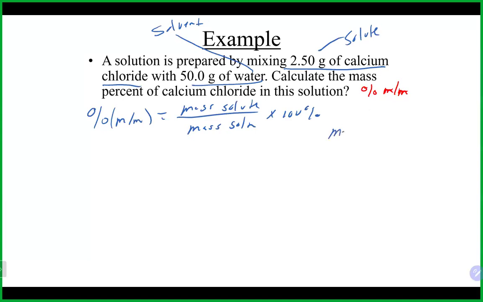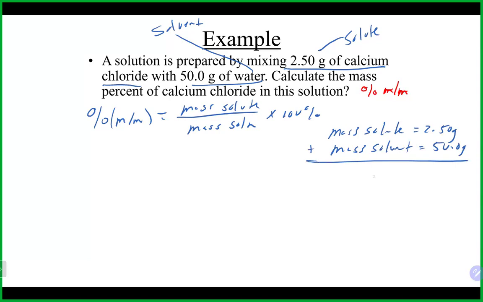So we have our mass of solute, 2.5 grams, our mass of solvent, 50 grams. Remember that we do need to add them together to get the mass of the solution, which is 52.5 grams in this case.